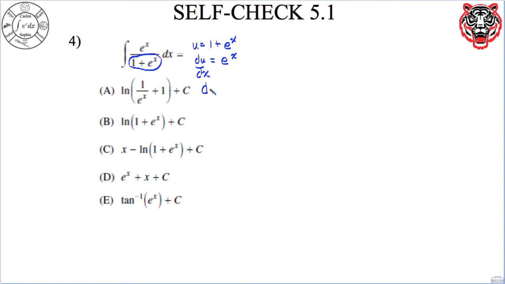And we want to find what dx is because we want to sub in something for this dx. So dx is equal to du divided by e to the power of x.